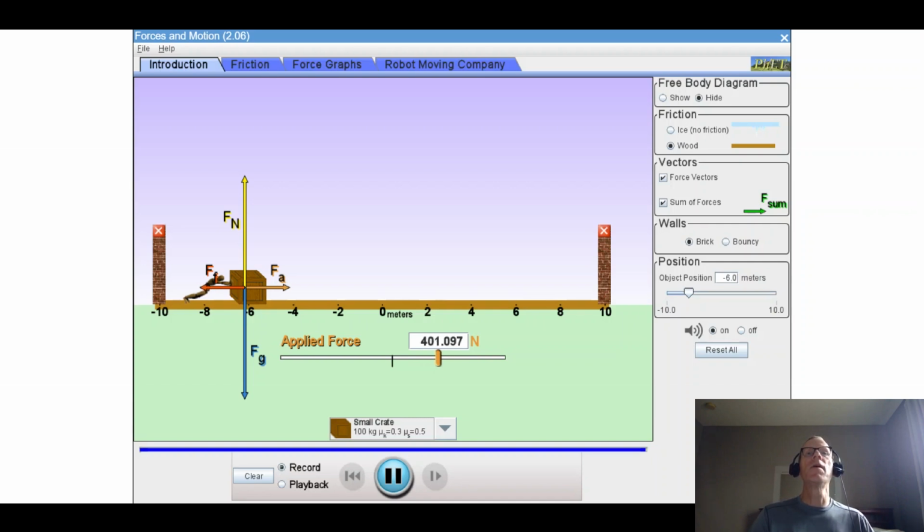As I keep pushing, notice the applied force is getting larger. First off, this is interesting because you can apply a force to something, and just because you apply a force doesn't mean it's going to move. That's one important point. Another important point: the frictional force is not just a fixed number.